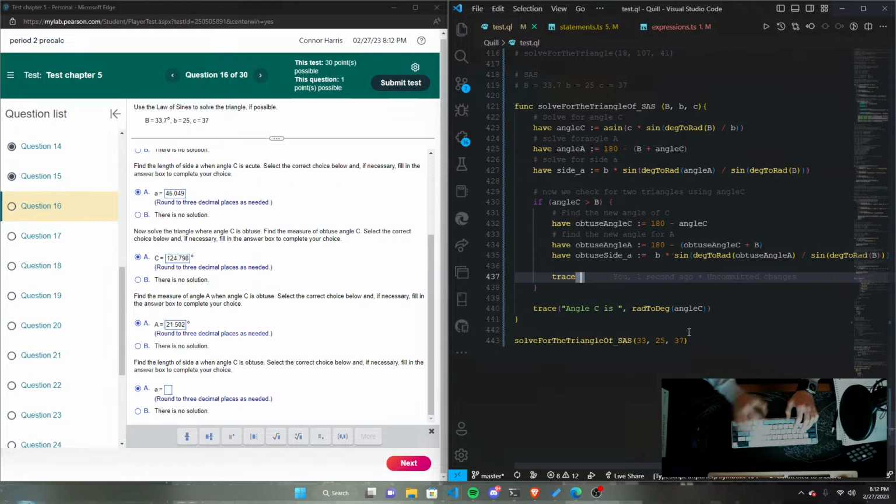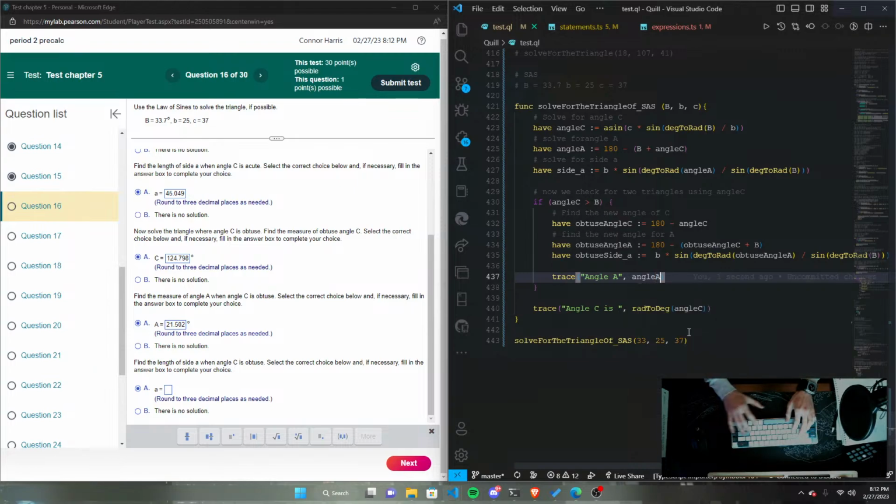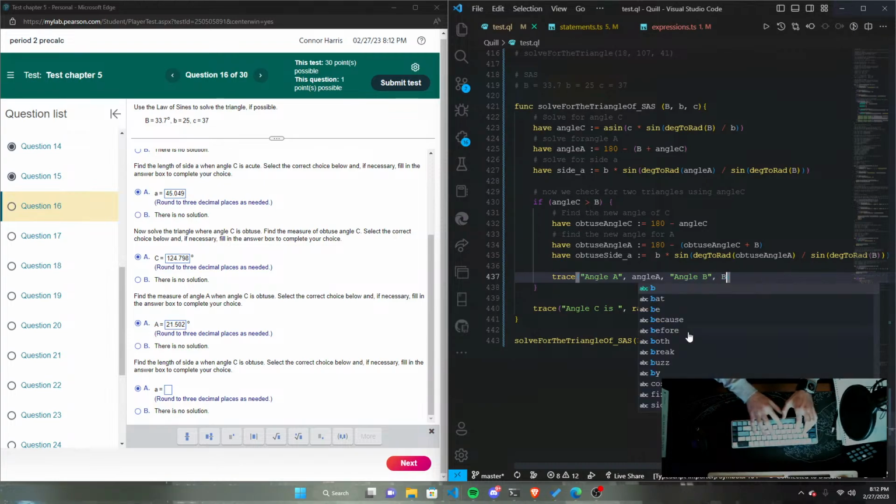Let's do angle A, which is of type angle A, and then let's call angle B, right, which is now just B, and then angle C, which is angle C, right?